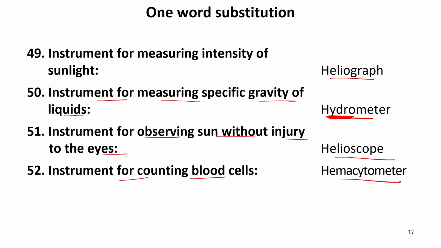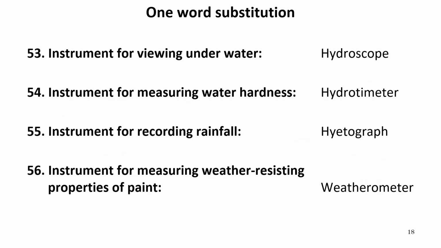Now let us move to the next one. Instrument for viewing underwater. This is known as hydroscope. Instrument for measuring water hardness. This is known as hydrometer. Instrument for recording rainfall. This is hydrograph, and we have already learned some more words related to this rainfall.